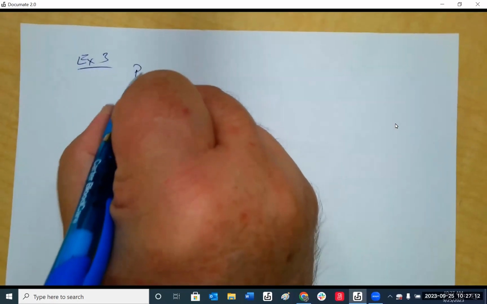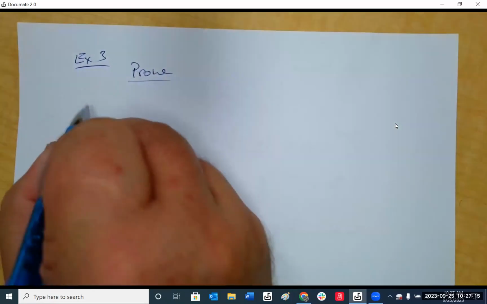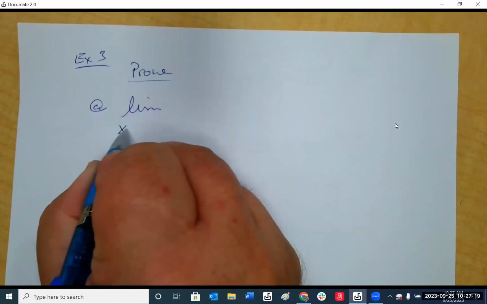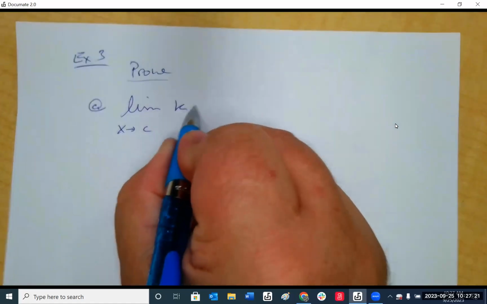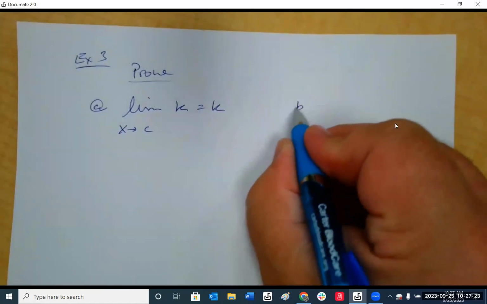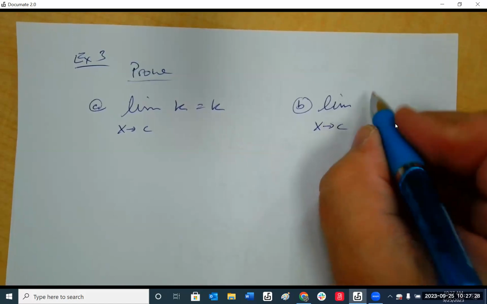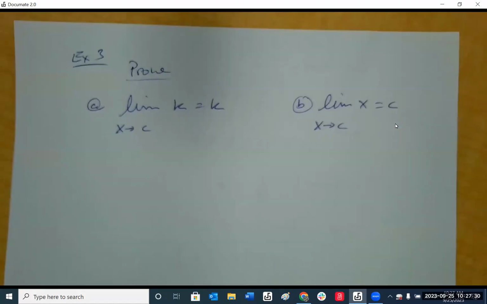Example 3: prove A, the limit as x approaches c of k is equal to k, and B, the limit as x approaches c of x is c.